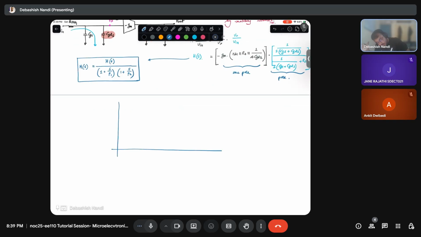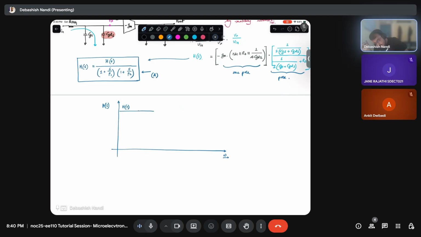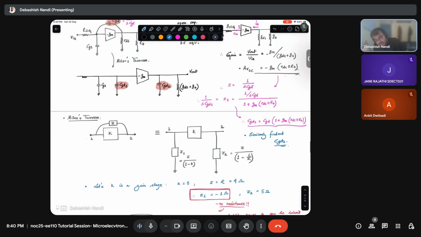What is happening? So let's say this is your omega and this is your H of S. From this equation, let's say this is equation A. From equation A, can you tell me what is the value at S equal to 0? H0, and this will be equal to the DC gain of the system. You can cross check that.